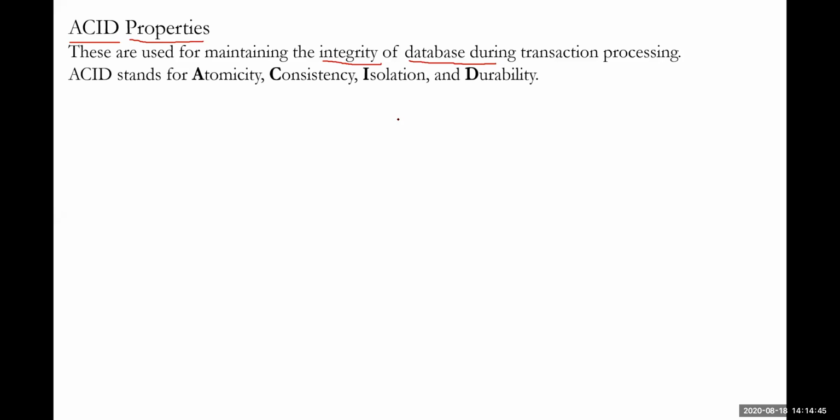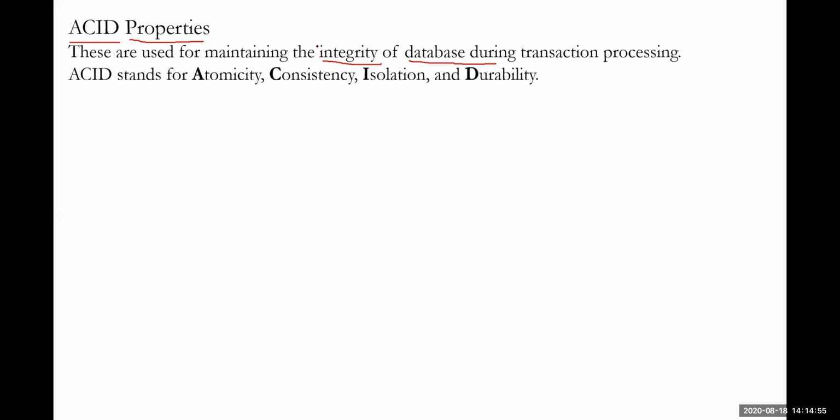Let us have a look here. What are these properties? These properties are used to maintain the integrity of the database. Integrity means that if you are doing some kind of updation in any table of the database, it must be ensured that this updation will be completed.